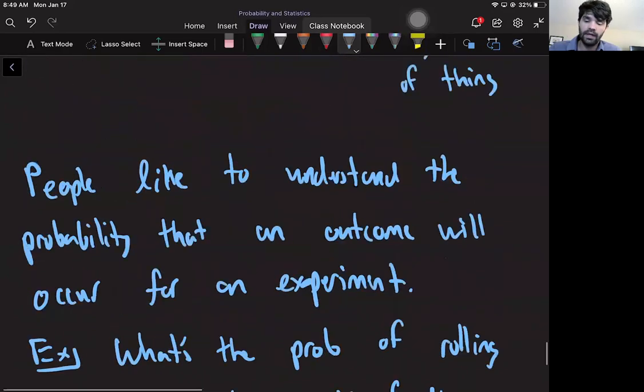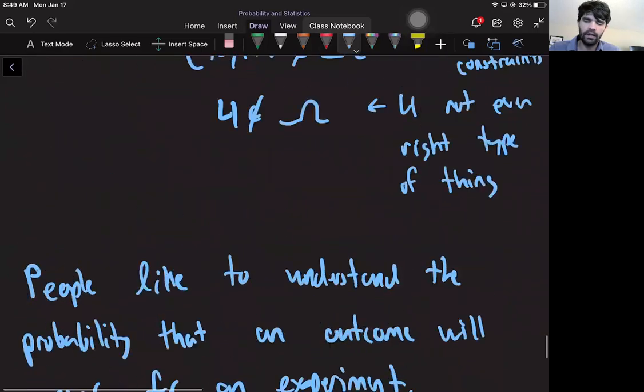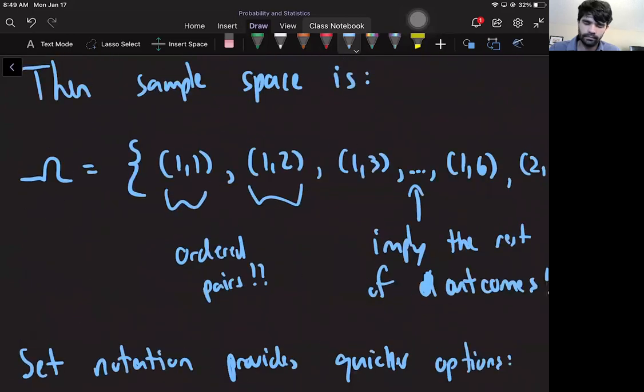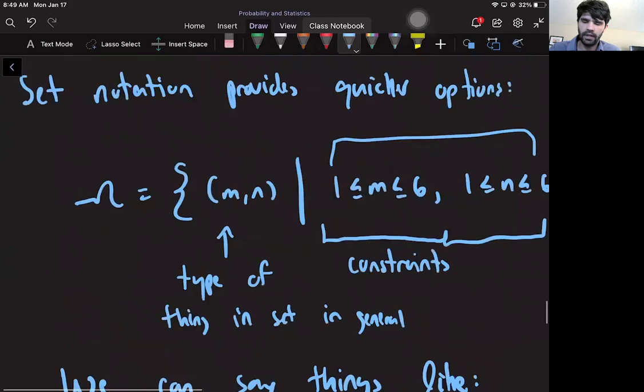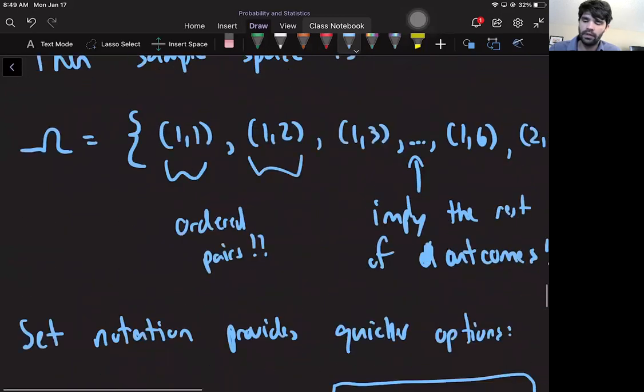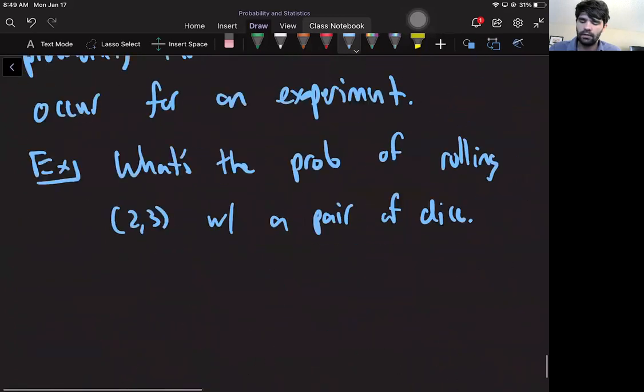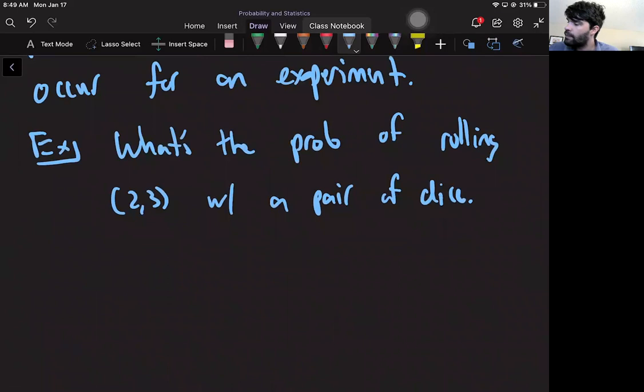That's really just saying, what's the probability of getting one of these outcomes in this set? And you would understand it as, well, there's only one of those in this set, and there's 36 total. So it's going to be 1 out of 36. That's how you understand it in high school, typically.